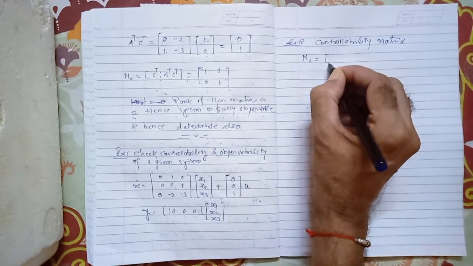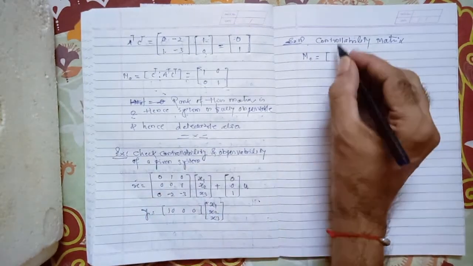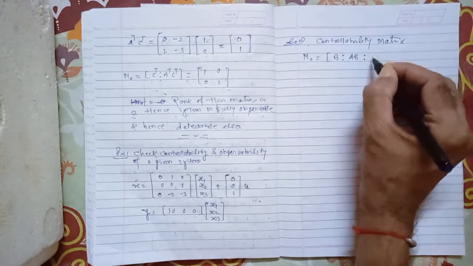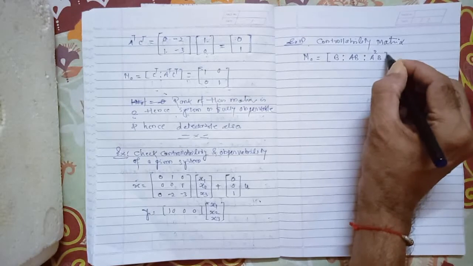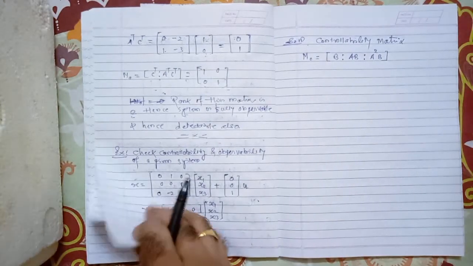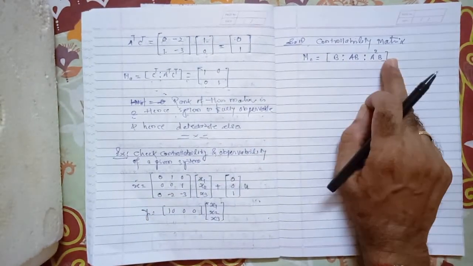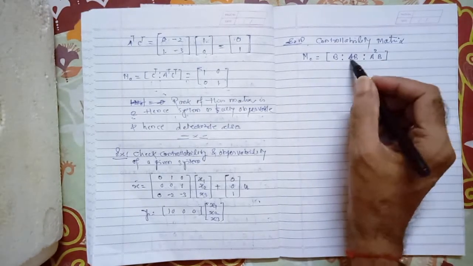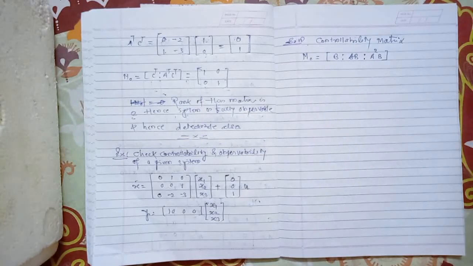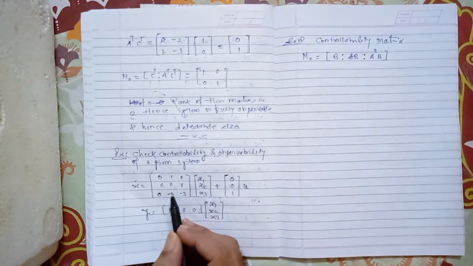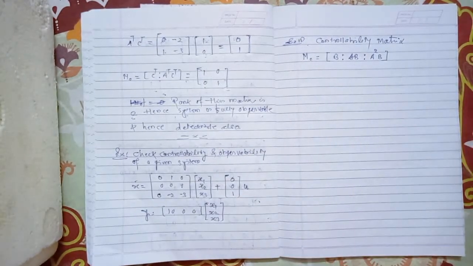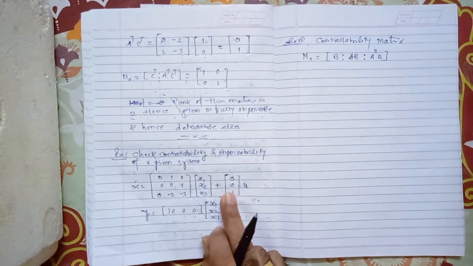A is a 3 by 3 matrix, so we have B, AB, A square B. B remains as it is, only A gets multiplied. A into A is A square, and the next one would be A cube into B, but here we have a maximum 3 by 3 matrix, so we have B, AB, A square B.